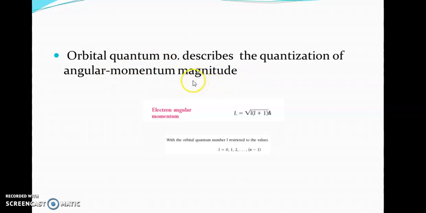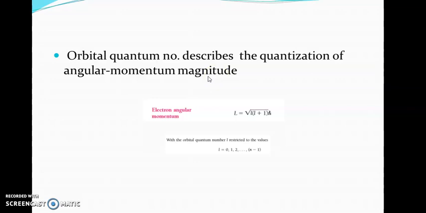Towards the end we will also study spin angular momentum. So we have to say an orbital quantum number describes the quantization of orbital angular momentum magnitude. So the magnitude of the orbital angular momentum is conserved plus quantized.